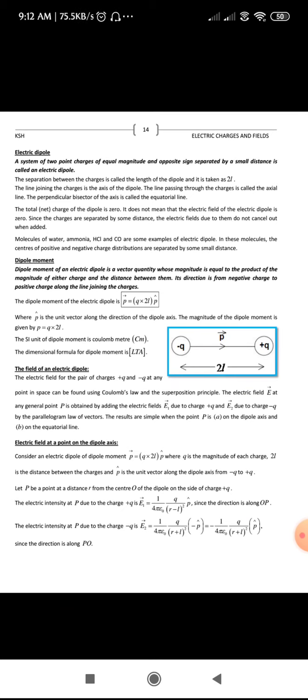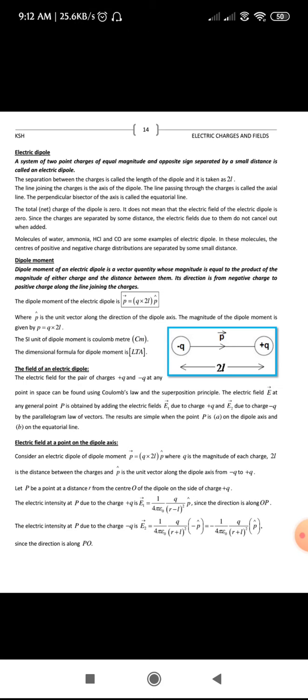Consider an electric dipole of dipole moment, small vector p is equal to q into 2l p cap, where q is the magnitude of each charge, 2l is the distance between the charges, and p cap is the unit vector along the dipole axis from minus q to plus q.